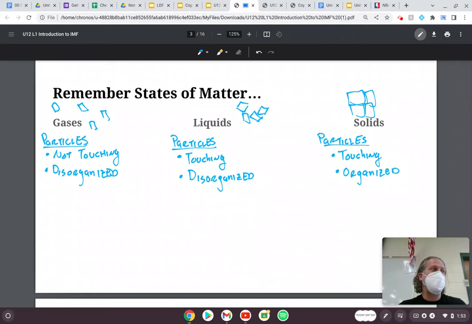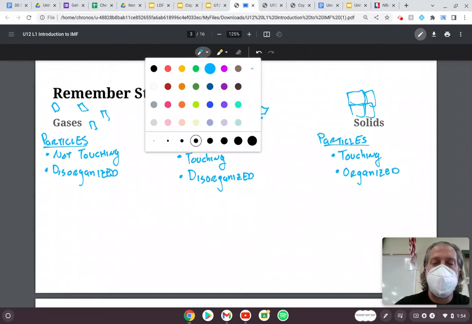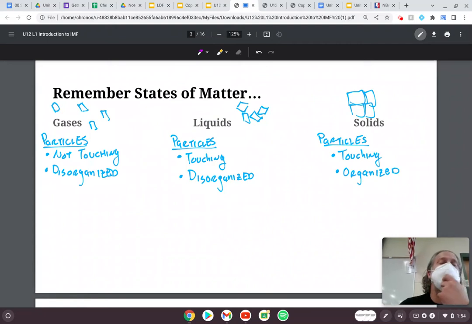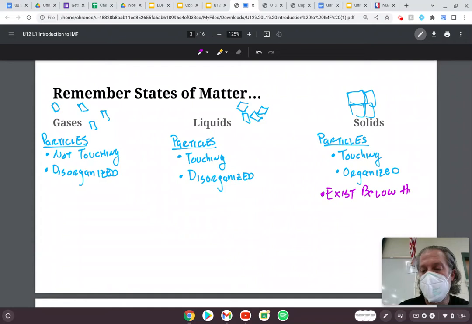But today we're going to go one step further when we quantify a solid, liquid, and a gas. We're going to talk more specifically about how that relates to the unit of intermolecular forces of attraction. So solids generally exist below the substance's melting point.